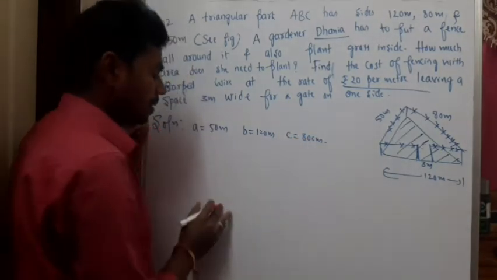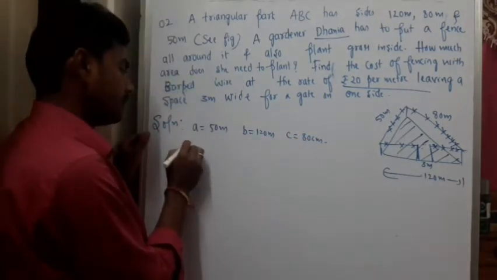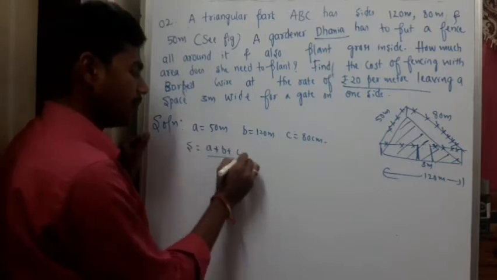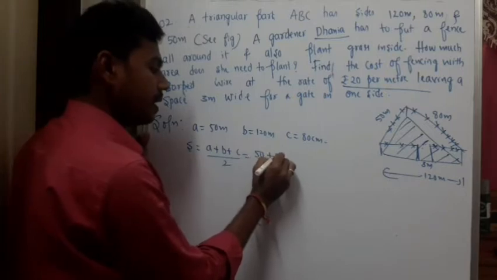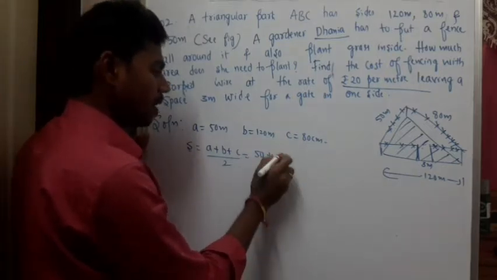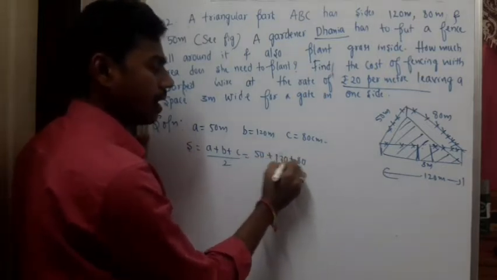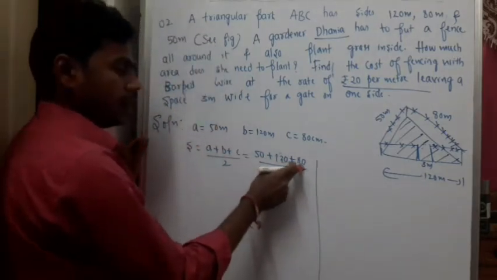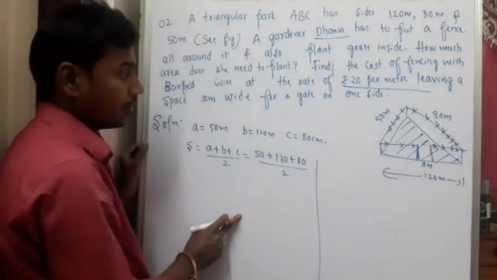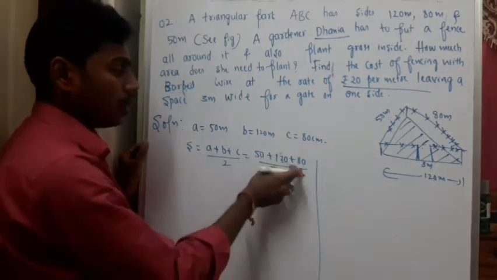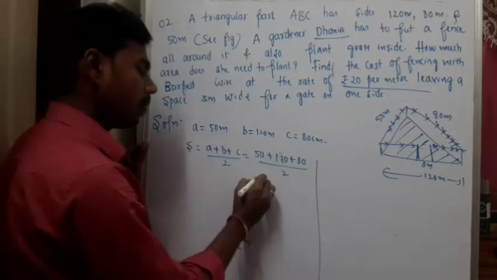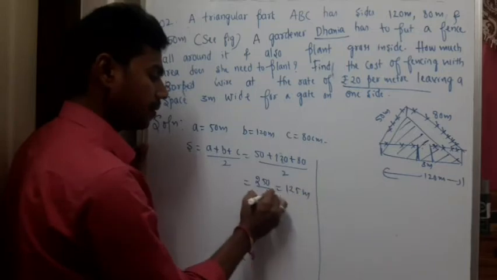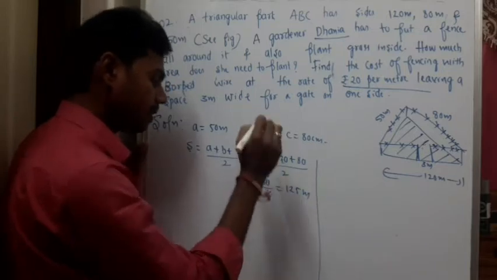Then S is equal to A plus B plus C divided by 2, that is 50 plus 120 plus 80 divided by 2. 80 plus 120 is nothing but 200. 200 plus 50 is 250, divided by 2, which is equal to 125 meter.